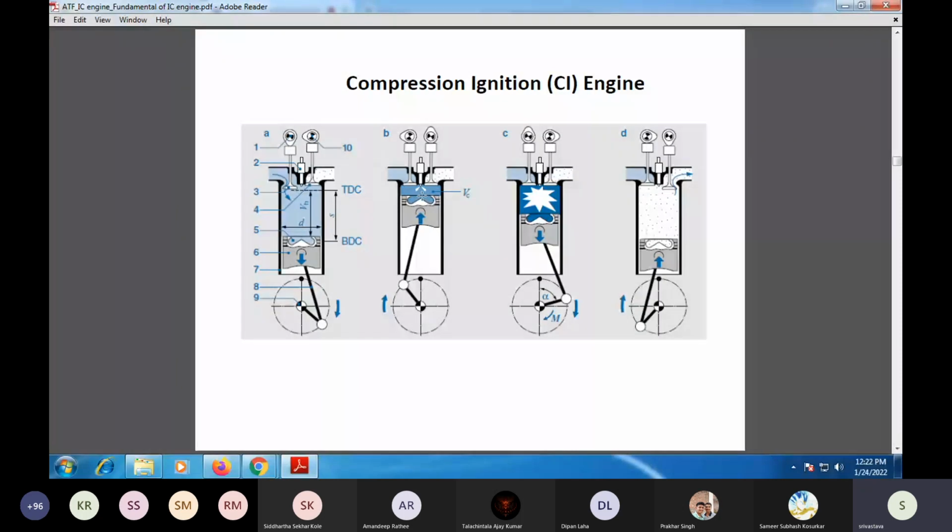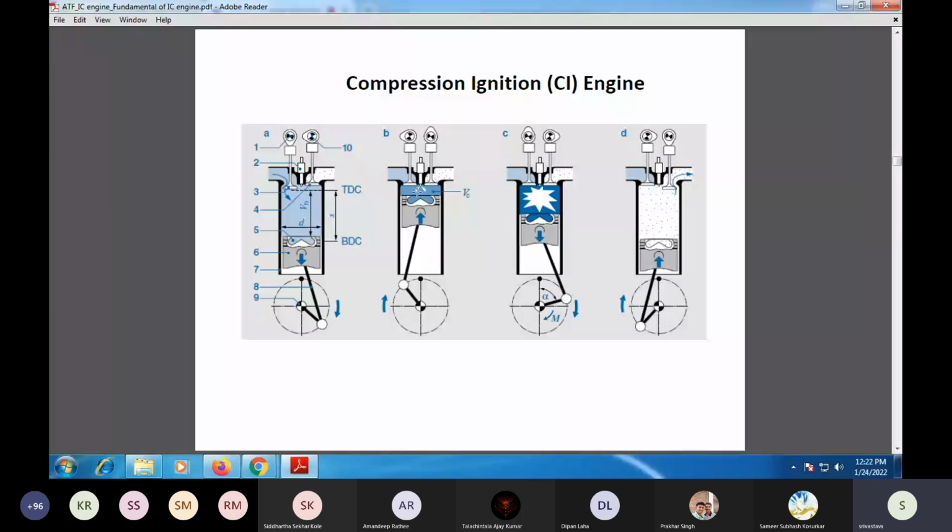Your injector may have 6 holes or 8 holes. What is very important for us is that towards the end of the compression stroke, the fuel is injected with the help of the fuel injector at very high pressure directly inside the combustion chamber.